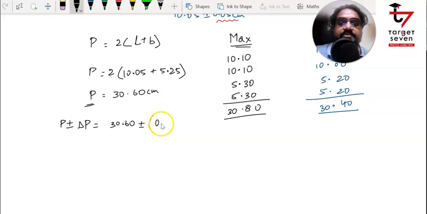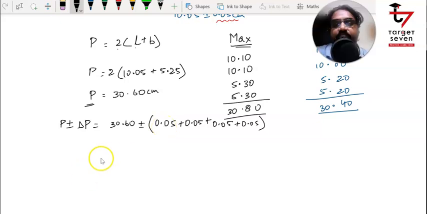Therefore, 0.05 plus 0.05, and that repeats itself for the simple reason that we are considering length 2 times and breadth 2 times. 0.05 here is the uncertainty in the measurement of the length and the breadth, which is now reported as 30.60 plus or minus 0.20.